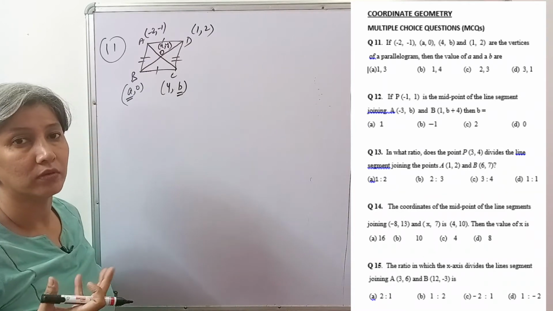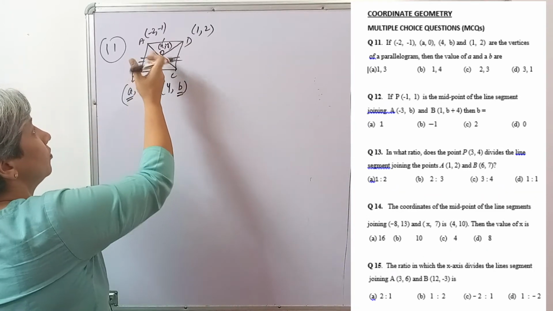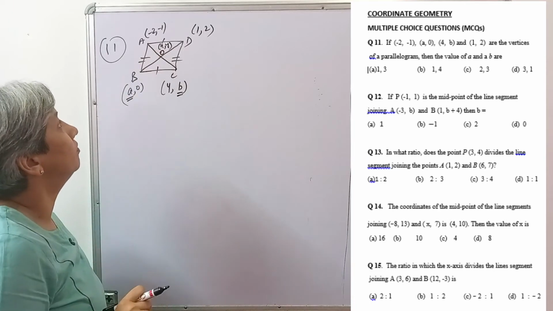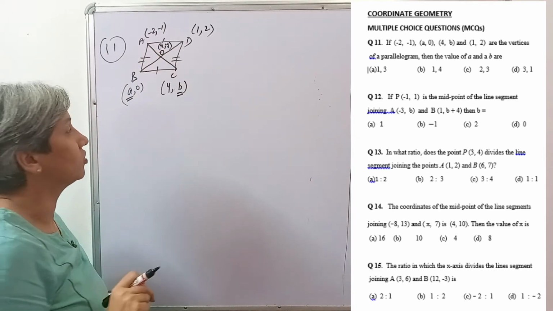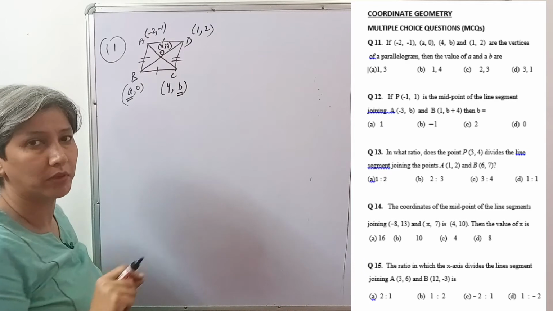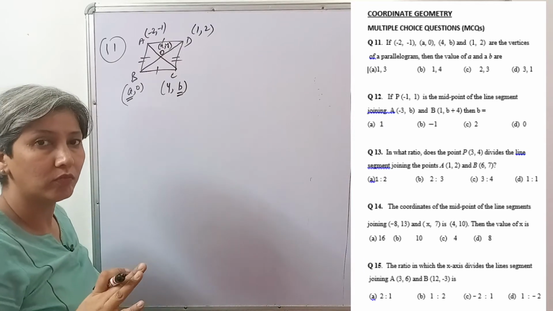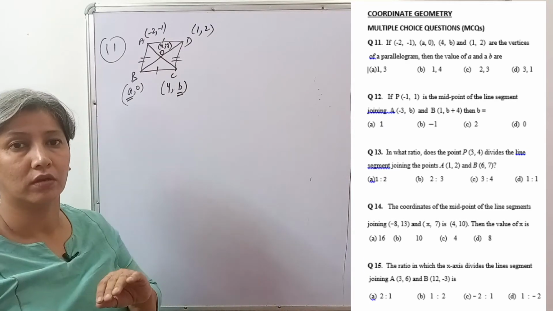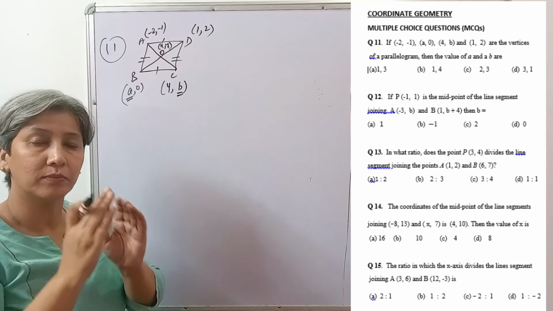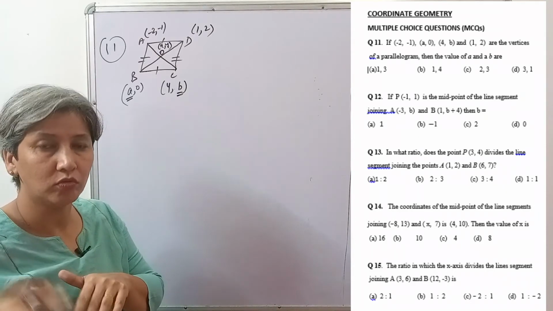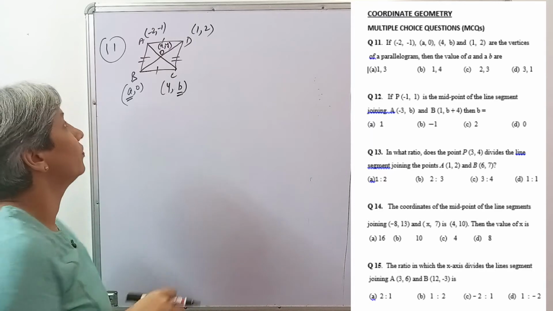Personally, I would prefer the latter method, that is diagonals bisecting each other and finding out the midpoint, because midpoint formula, as we know, is a simpler one. We don't have any under root here. It's simply x1 plus x2 upon 2 and y1 plus y2 upon 2, right?